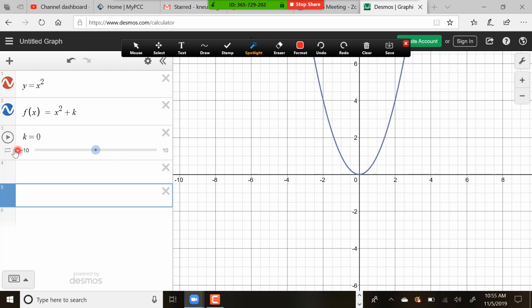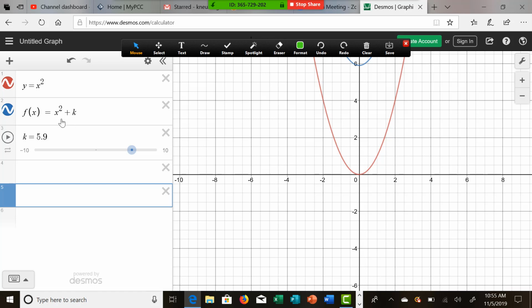So let's let k change values, which means we're going to be adding a number onto the end of x squared. And let's see what happens to this graph. Watch the blue as k ends up moving around. So I'm going to go ahead and click this, and it's getting bigger, and notice it's moving up. And watch, I just stopped it at 5.9.